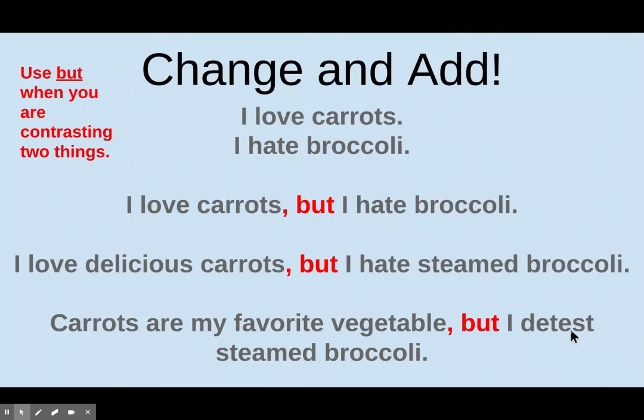Hate to detest. That's even a stronger hate, okay? So there's your sentence where you connected them. Here's where you're adding adjectives in. And then this is the wow sentence where you structurally change the wording to make it more like, wow, you really know what you're doing.